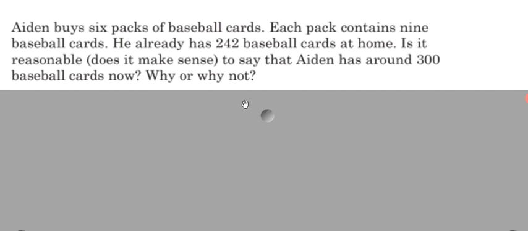The first problem says, Aiden buys 6 packs of baseball cards. How many does he buy? He buys 6 packs of baseball cards. Each pack contains how many cards? 9, correct.